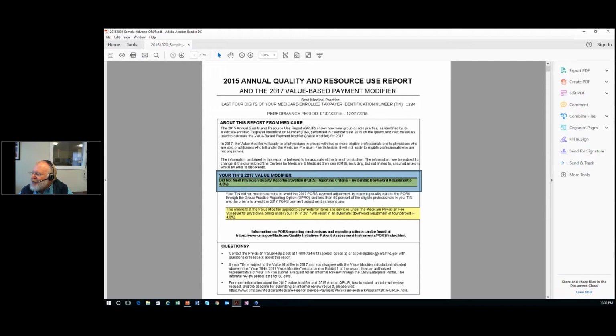Again, it goes on to explain it with a little bit more detail. It's an automatic downward adjustment of 4%.